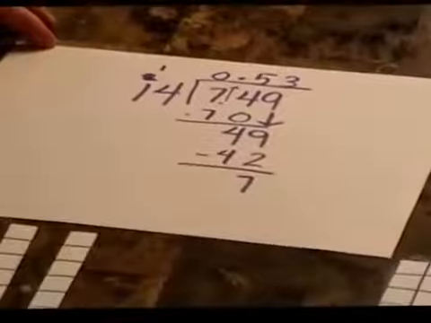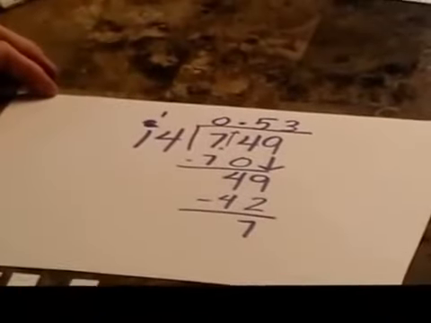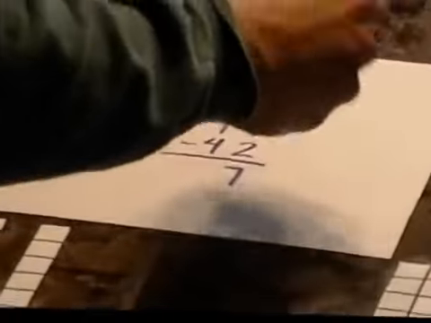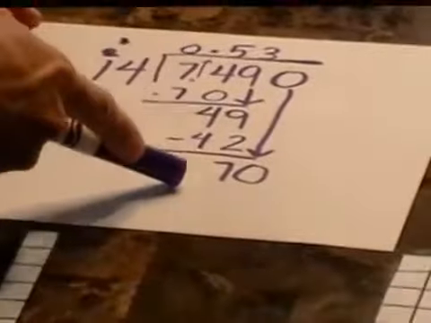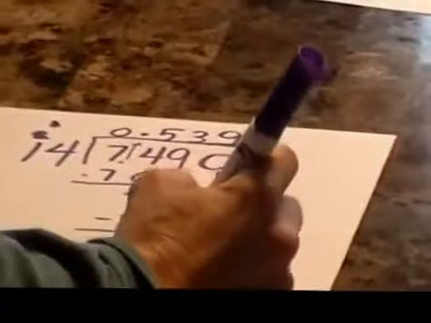I'm not done yet. Or I'd have to say remainder. I want to go till I get to a 0, so I get nothing left as my remainder. So I can just add a 0 on. It's called annexing a 0. Move my little line, make it a little bit longer. Drop this 0 down and say, how many times will 14 go into 70? 9 times. 9 times 4 is 36.